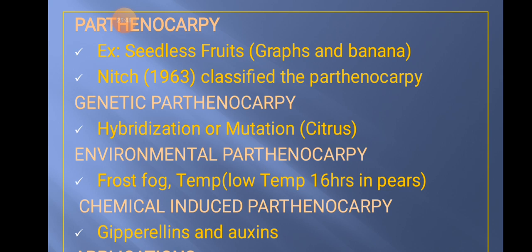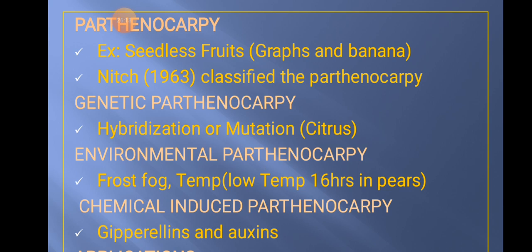Here there should not be a fertilization. Without fertilization, the fruit is formed from the egg or from the parts of the female part. That is called parthenocarpy. For example, seedless fruits like grapes, banana, and many commercial fruits are produced now. In many places we are seeing seedless fruits. Many fleshy fruits we are buying are parthenocarpic fruits.